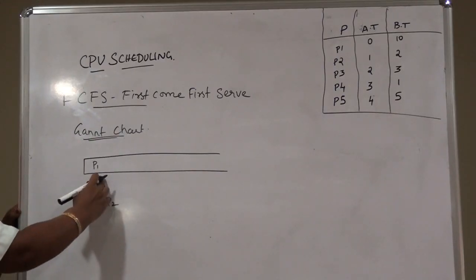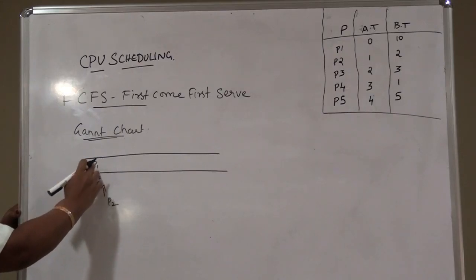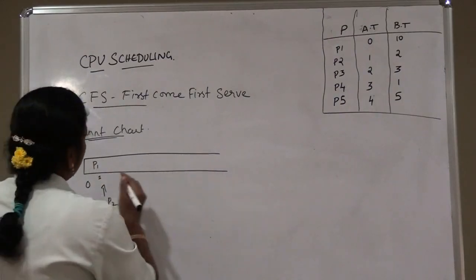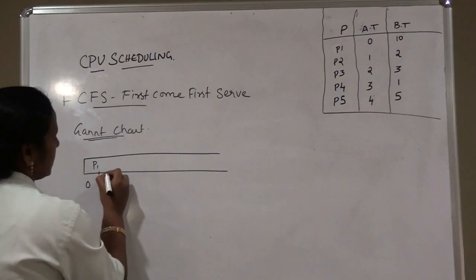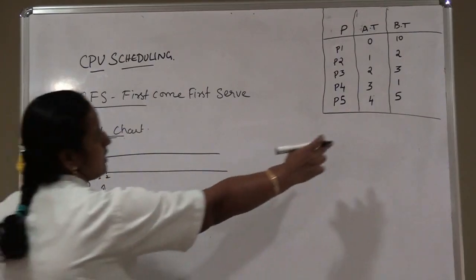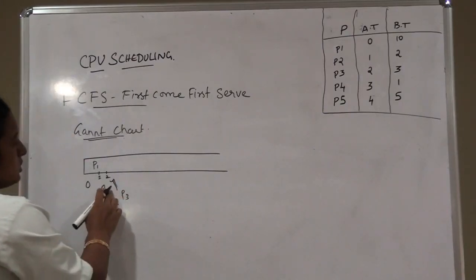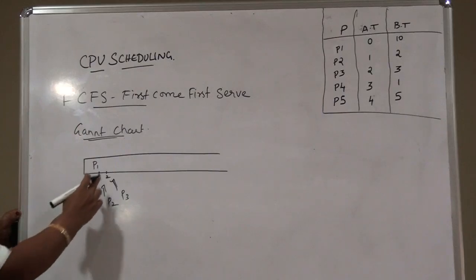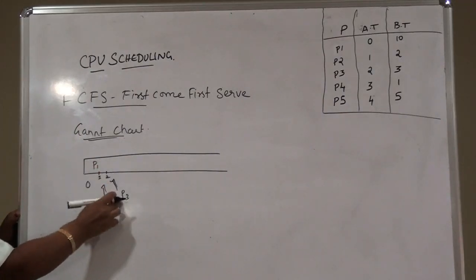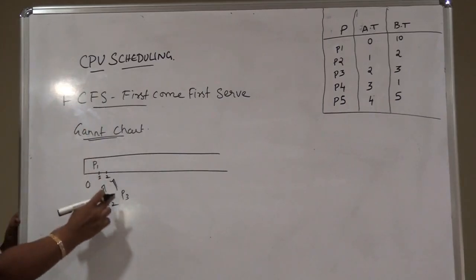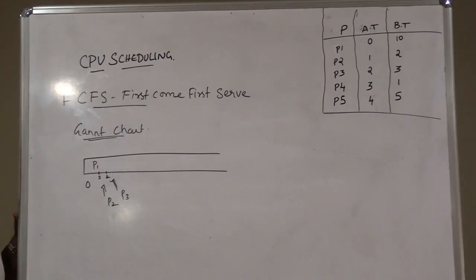So though P2 interrupts, P1 continues its execution. During the second millisecond, process P3 arrives, and the same thing applies: P3 interrupts P1, but by the FCFS algorithm, P1 continues its execution.